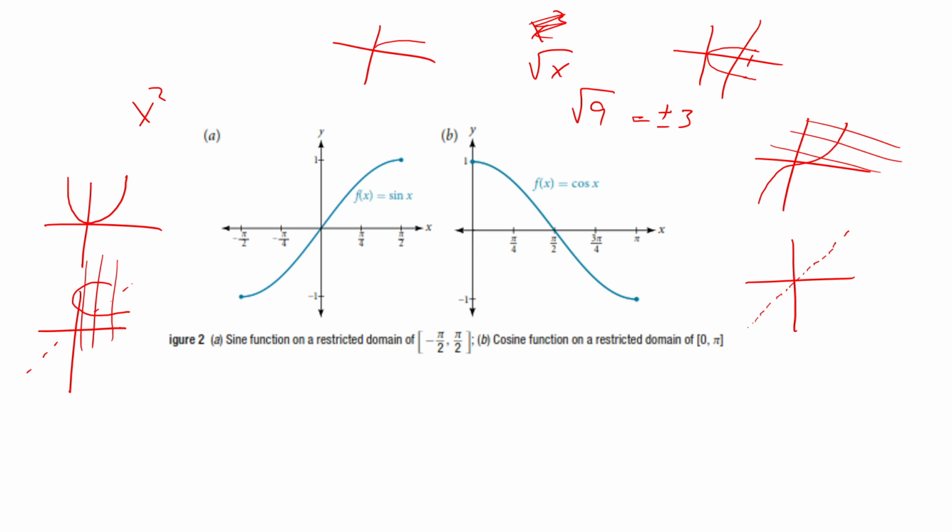Now, this is a long story to tell you this. We are going to have to restrict the domain of sine and cosine so that when we do the inverse and we flip them, they'll still be functions. Because if we didn't make these 1 to 1, if we didn't limit them, when we flipped them over this line, they would not be functions. So if I flip the cosine function, actually we're going to see it later on, it would break. So if none of that made sense, here's what I'm trying to say in summary.